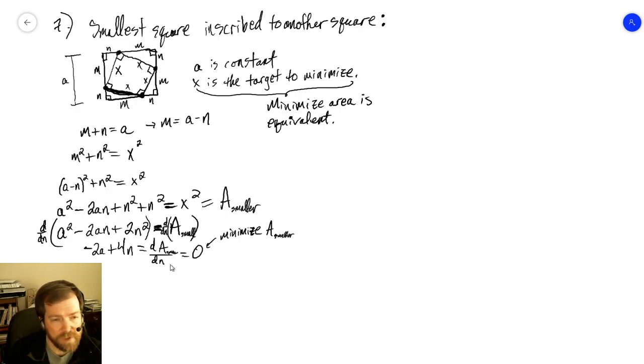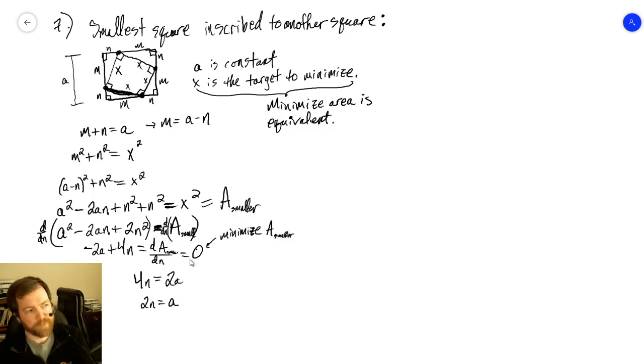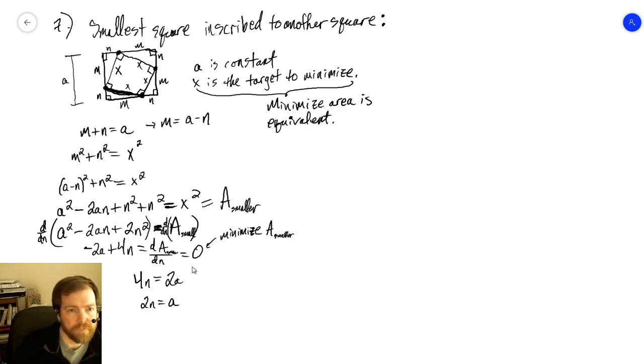All right, so it's set equal to 0, and this says that the relationship between n and a is now 4n equals 2a, if we bring that over. Or 2n equals a. All right, so then n has to be halfway along each of the sides.